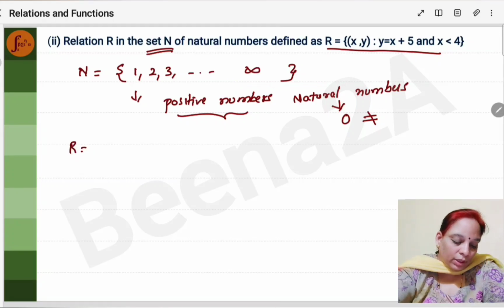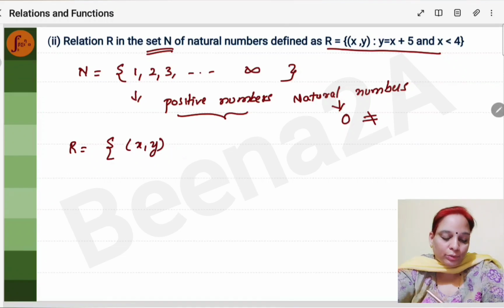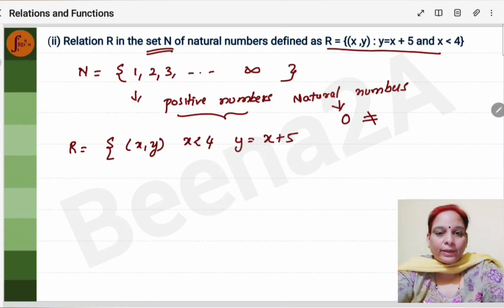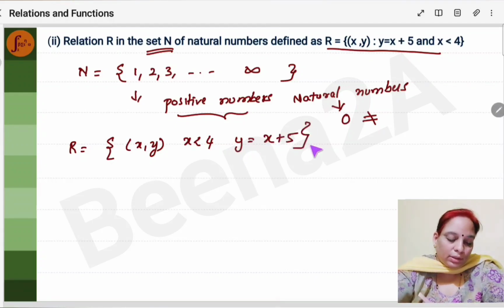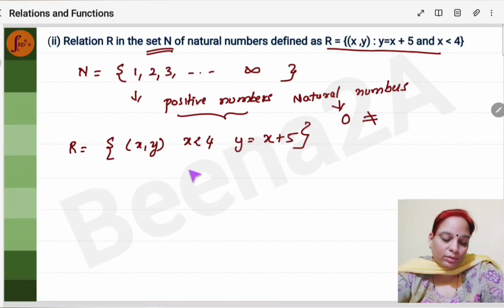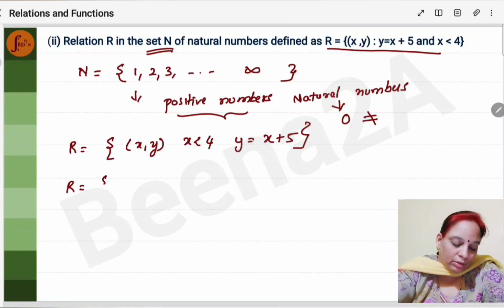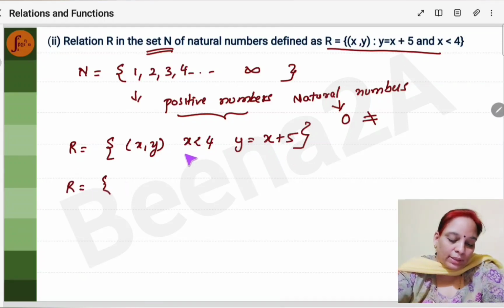Now what is the relation given here? Relation is you have ordered pair x, y where x is less than 4 and y is equal to x plus 5. So this is the relation. Now let's first form the relation with some ordered pairs. x is less than 4, so I can take 1, 2, 3, right?